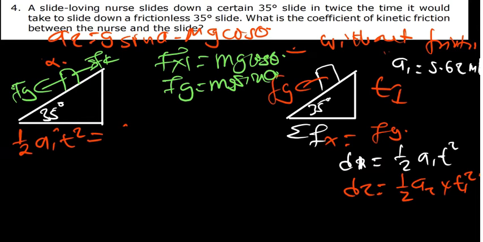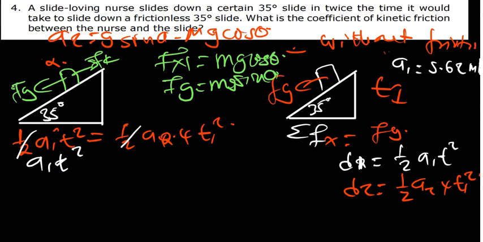It's going to be equal to d2, which is half a2 times 4 t1 squared. From here we can cancel the half. Then you're going to have a1 t squared. The t is the same, t1.